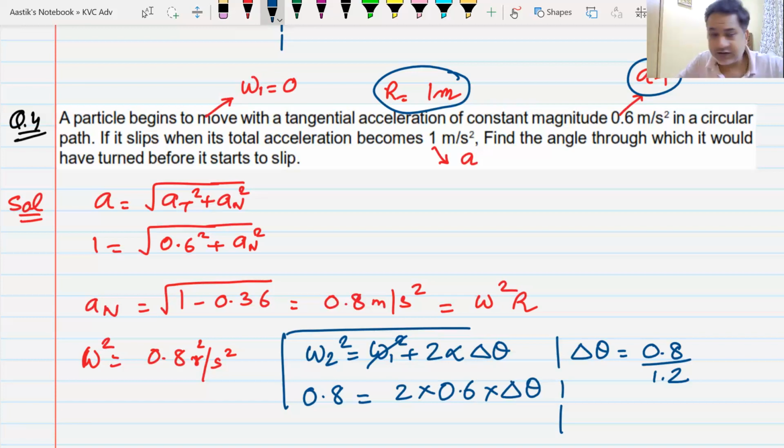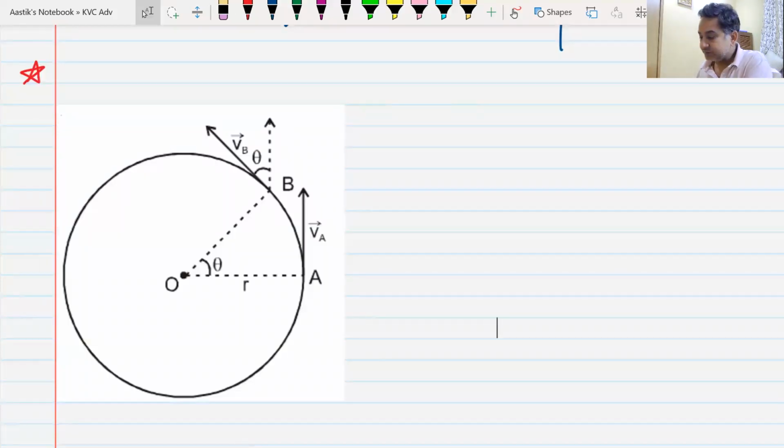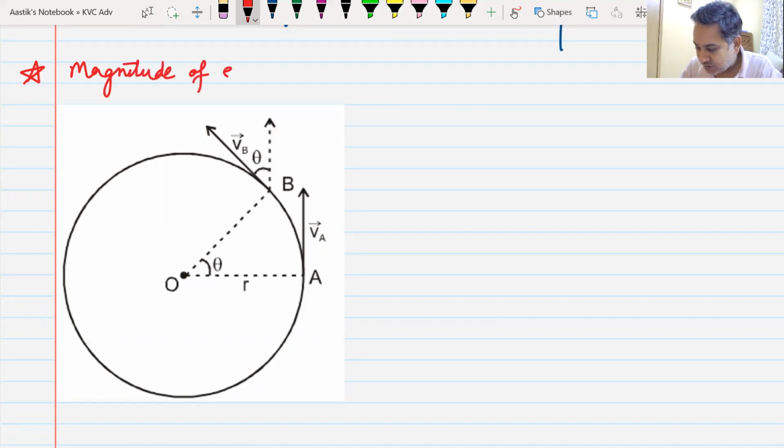So you can just take this as an important note and just note it down. So whenever this question comes, you don't have to calculate it. Remember, time is a luxury that we don't have, right? So you can write it as a heading, you can write it as an important point. Magnitude of change in velocity.